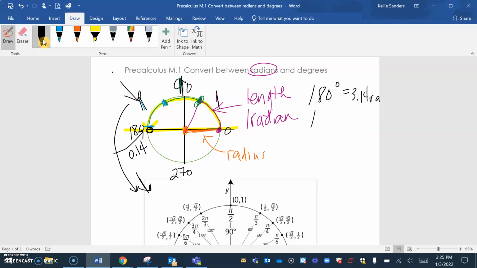And what's 3.14? Pi. All right? So 180 degrees is the same thing as pi radians.